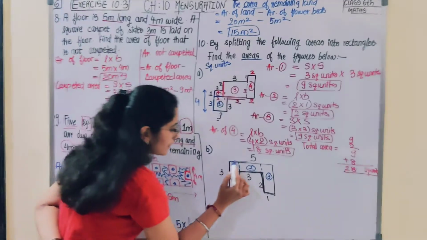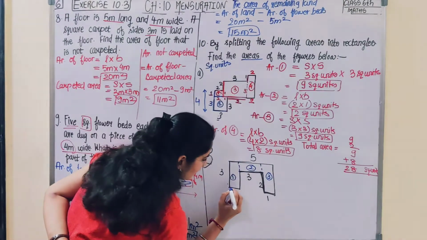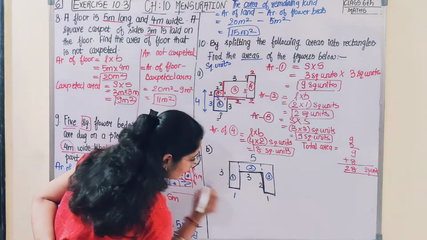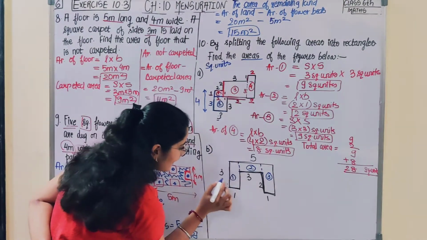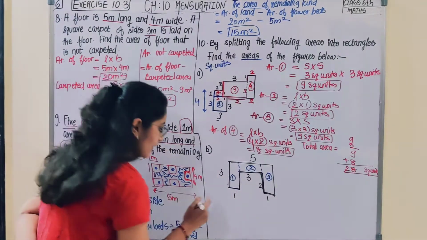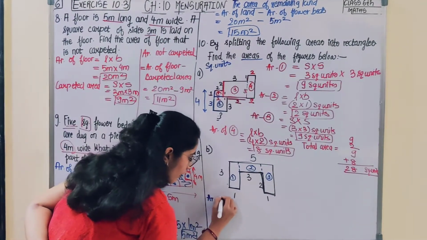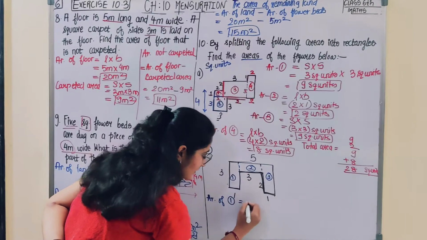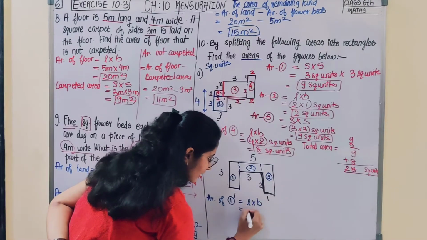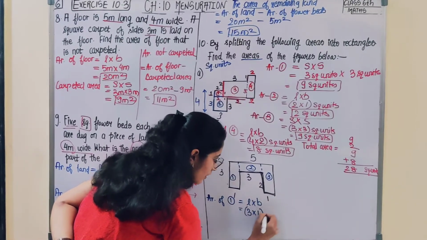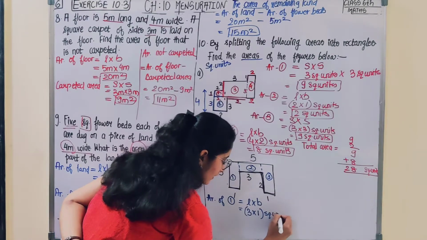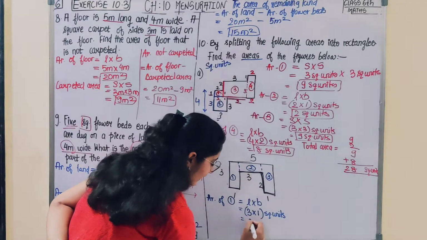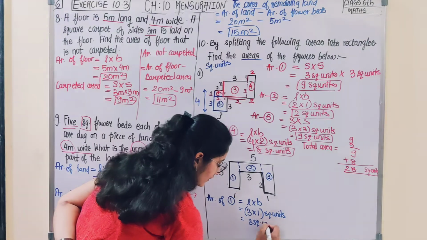If you consider first rectangle, this is the breadth of the rectangle having 1 square unit and length 3 square units. Okay, so area of first rectangle is length into breadth, that is 3 square units into 1 square units. So that is total area is 3 square units.